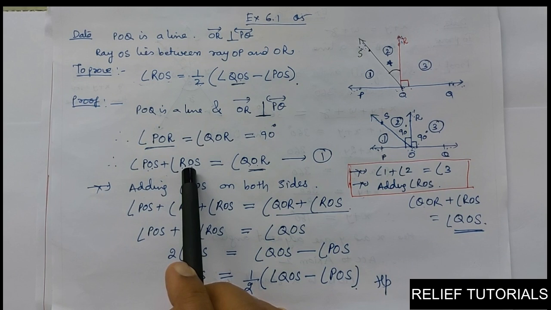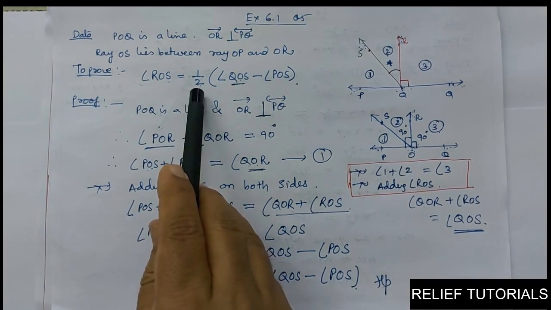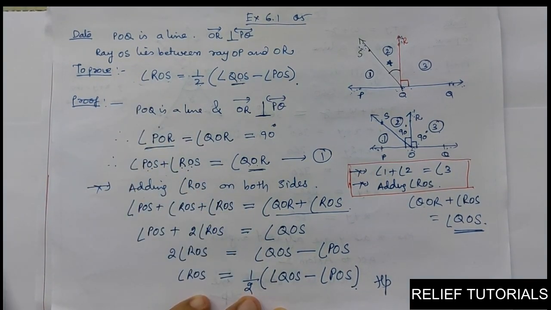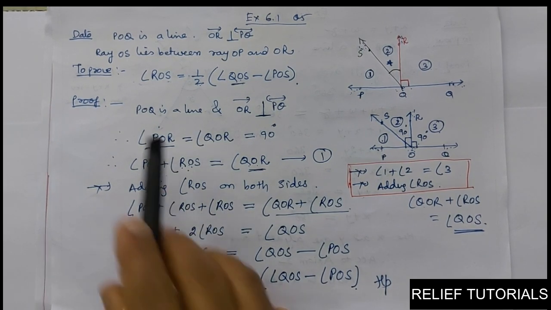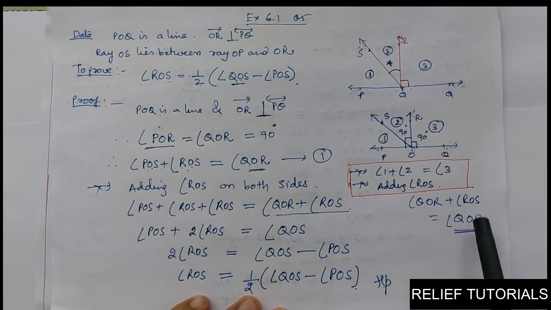Here we have only one ROS. If you add ROS on LHS, you will get two ROS. We want two. Why? Because here it is in division. When it goes here, it will be in multiplication. So you require two ROS. So you will add ROS on both the sides. On LHS, you will get two ROS. And on RHS, you will add ROS here, so QOR plus ROS will be QOS.